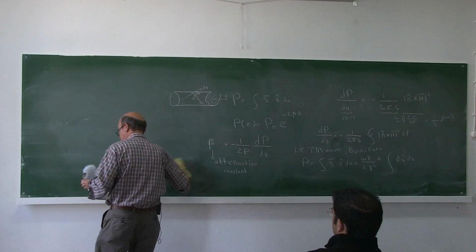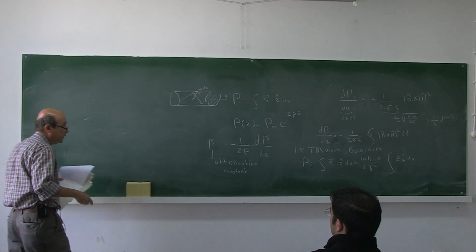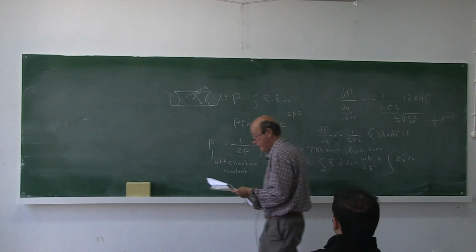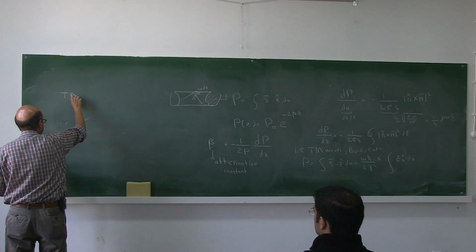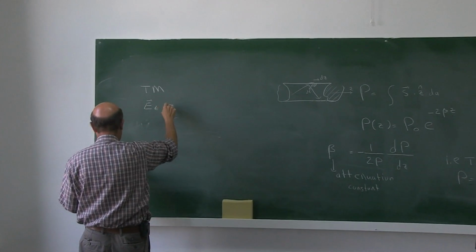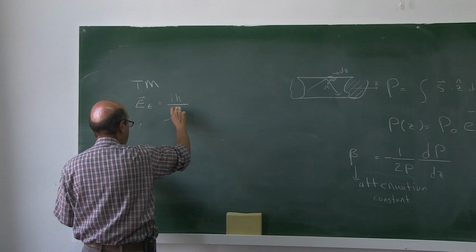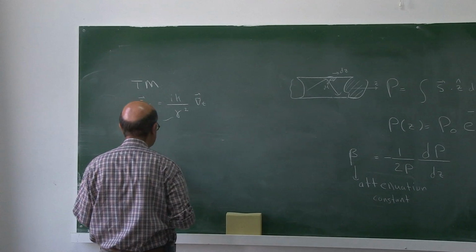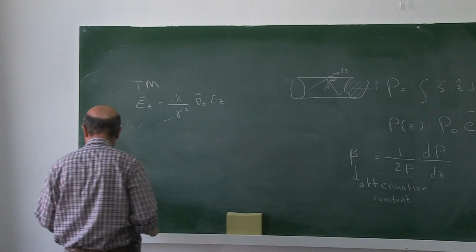So let us look at the calculation of the N cross H. For TM waves, the transverse component of the fields is ik over gamma square, gradient of the transverse of the Ez component.